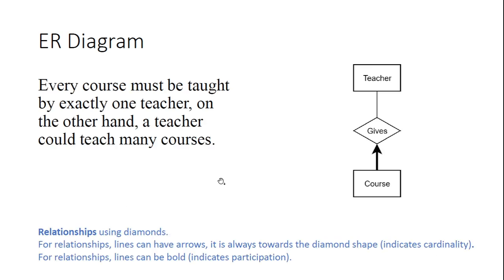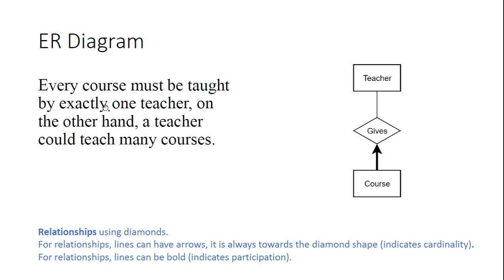So then we have in the description saying every course must be taught by exactly one teacher. On the other hand, a teacher could teach many courses. So we already had the entity sets for the teacher and the course. It is saying that there is some sort of relationship between these two things.